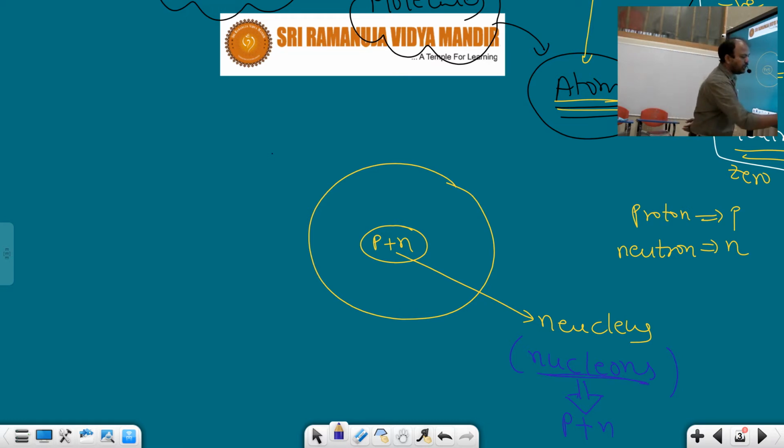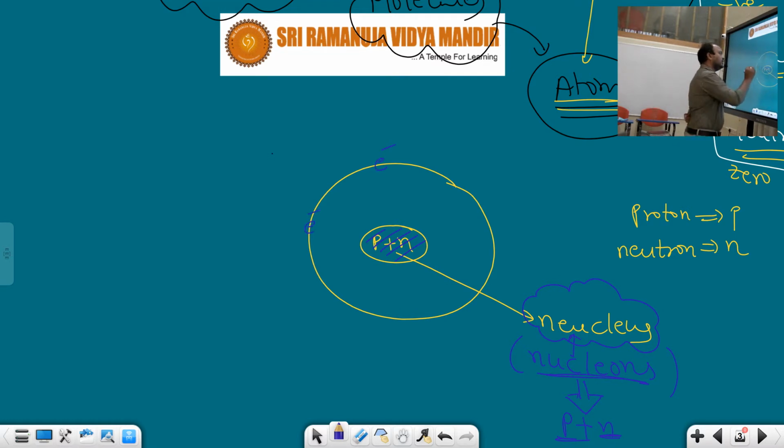Why are they called nucleons? Because these nucleons are present inside the nucleus. Where is the nucleus located in the atom? It is present in the center of the atom. This nucleus contains two particles, proton and neutron. Out of the three particles, protons and neutrons exist at the center of the atom; the remaining particle is the electron.